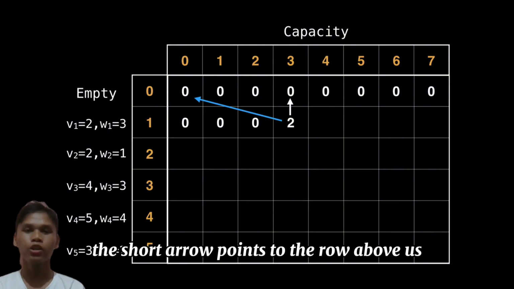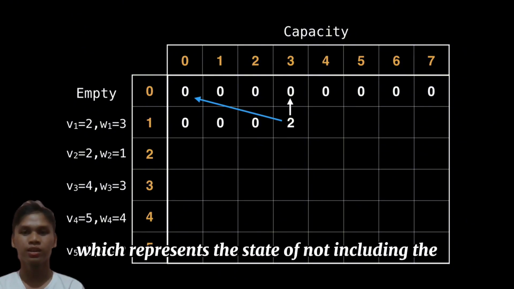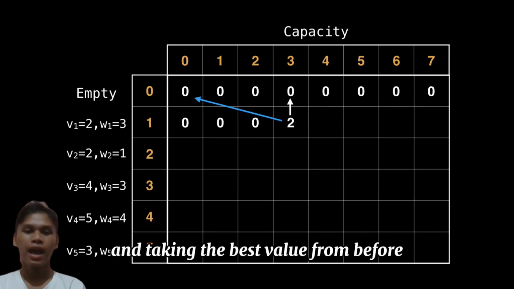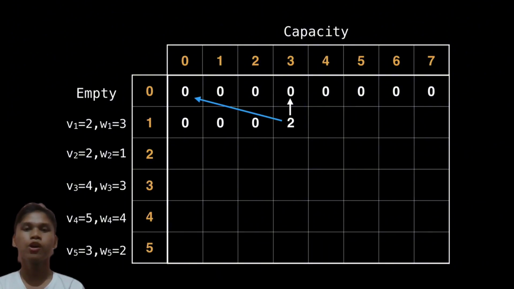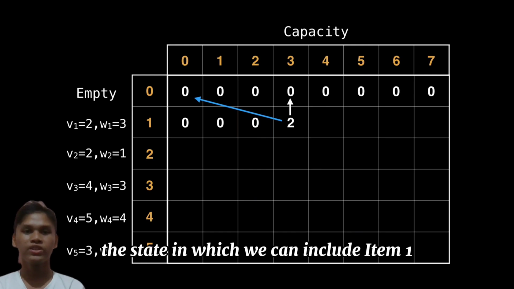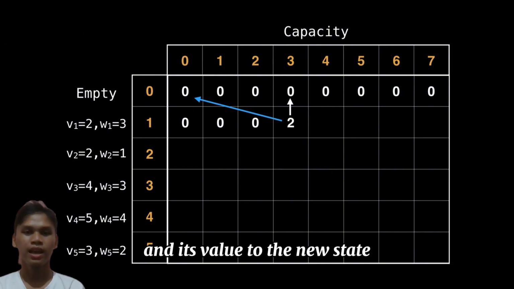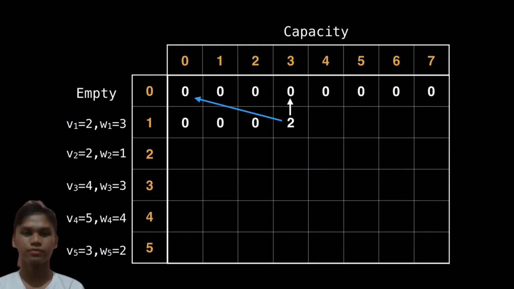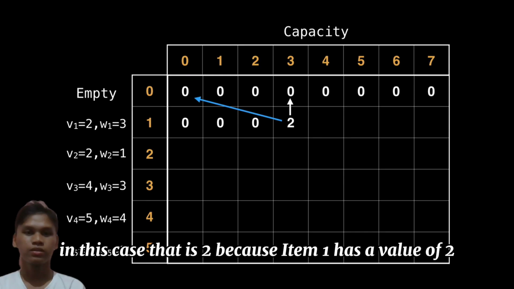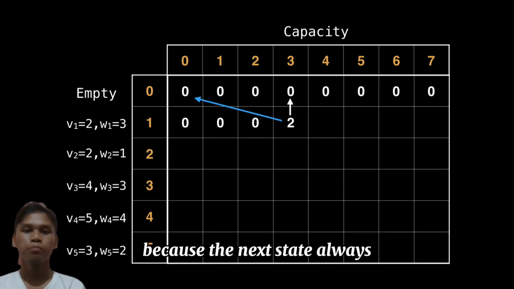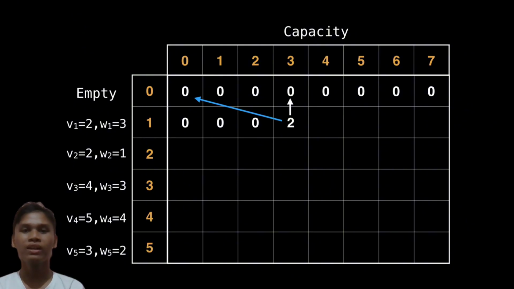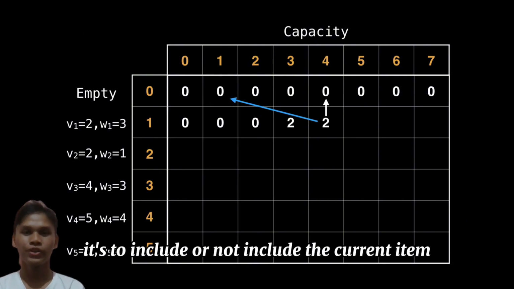The short arrow points to the row above us, which represents the state of not including the current item and taking the best value from before, which in this case is 0. The longer arrow points to the state in which we can include item 1 and add its value to the new state. In this case, that was 2, because item 1 has a value of 2, because the next state always needs to include or not include the current item.